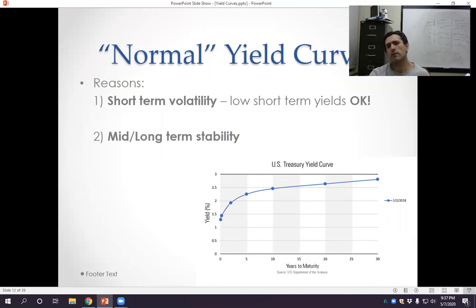On the other hand, in the mid and long term, most people are not okay with low yields. The stock market in general averages, I think, like 6 or 7% per year, at least in modern times.